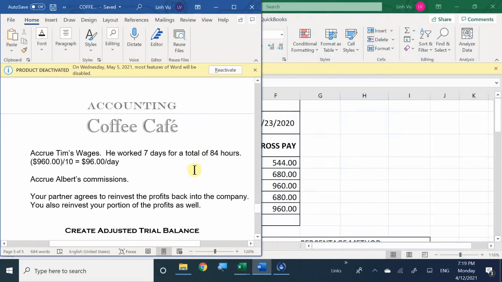So if you think about it, that means he can accrue up to 10 days worth of earnings. The hours that he accumulates don't matter. So if he requested off or was sick a day, it doesn't matter. We're still going to pay him a total of $960.